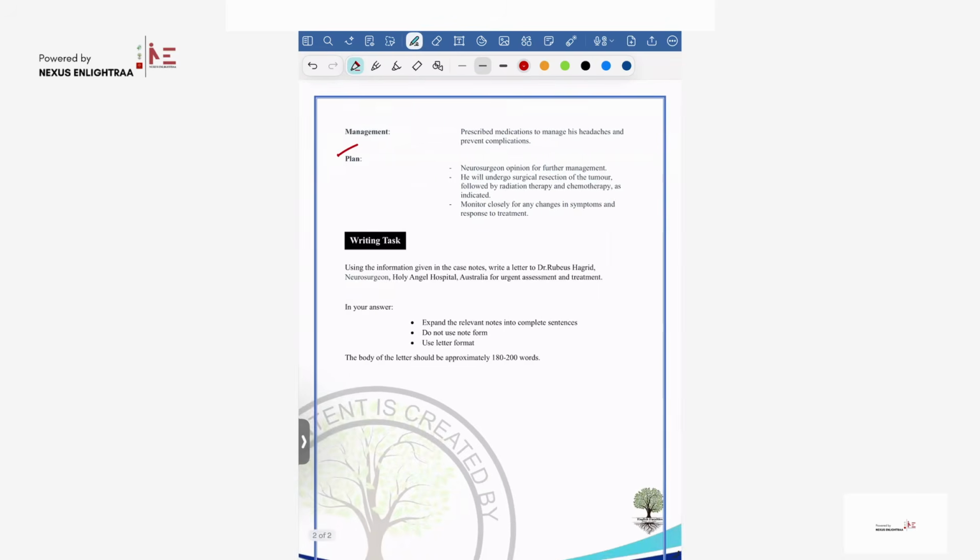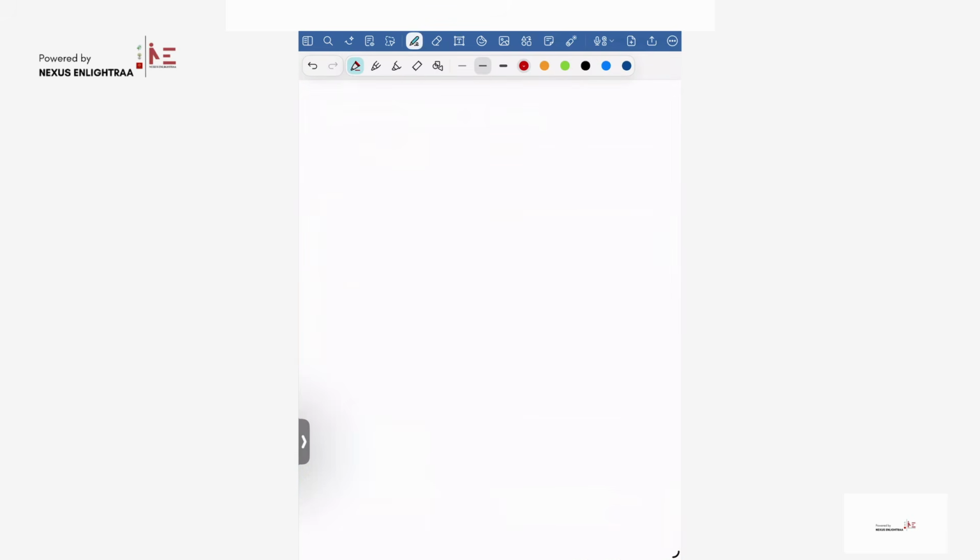Now let's move to writing this letter, or the letter format. Before we start writing the content, let me show you the correct letter format. A professional letter has specific structure, and in the OET exam, you must follow it. Now, OET doesn't say that there is any such template that you should use for your writing test, but to make things organized, it is important that you have this letter format.